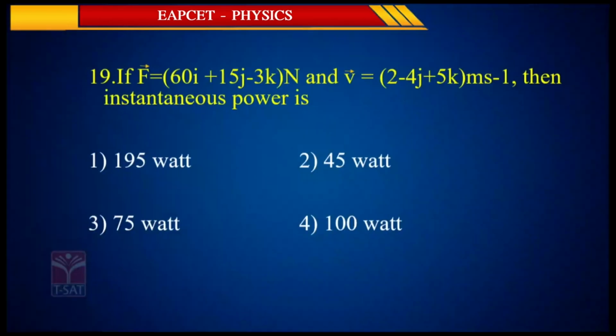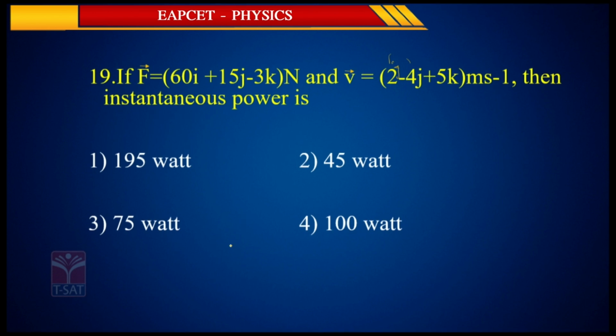Next, see that if f bar is equal to 60I plus 15J minus 3K Newton and v bar is equal to 2I cap minus 4J plus 5K meter per second. Then the instantaneous power.